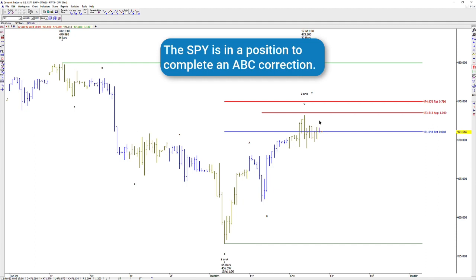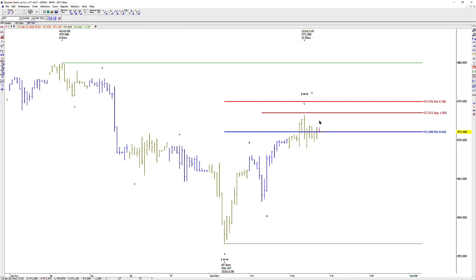So, boy, this is putting the SPY in a really solid position to have completed, or to complete, an ABC correction, which should then be a wave 2 or B correction.